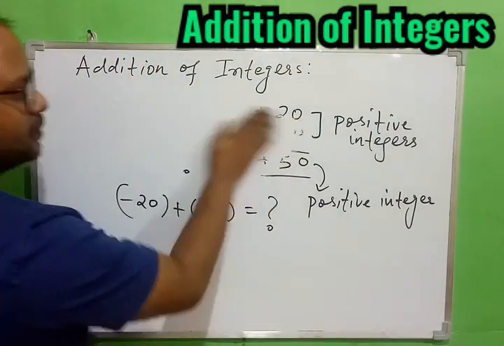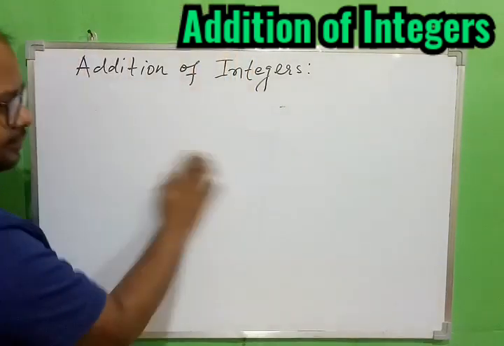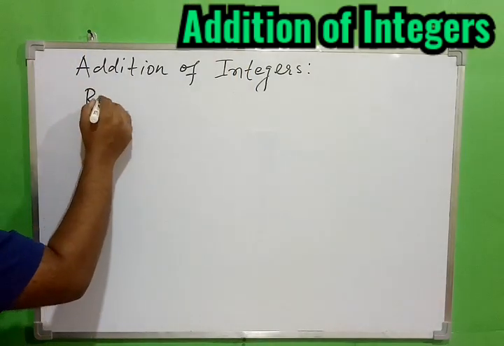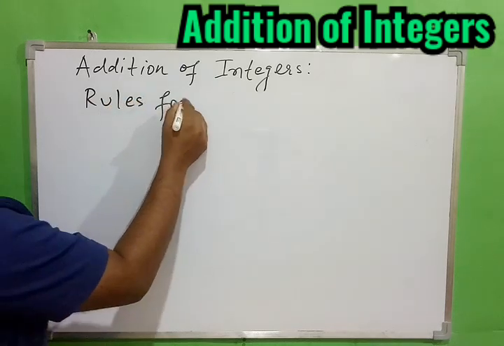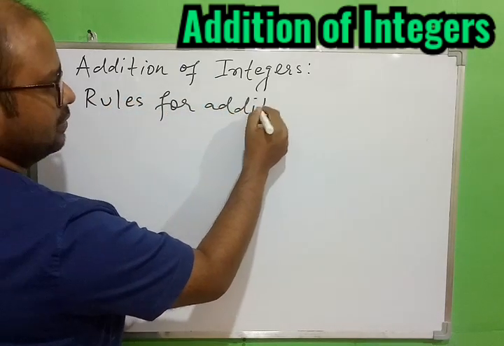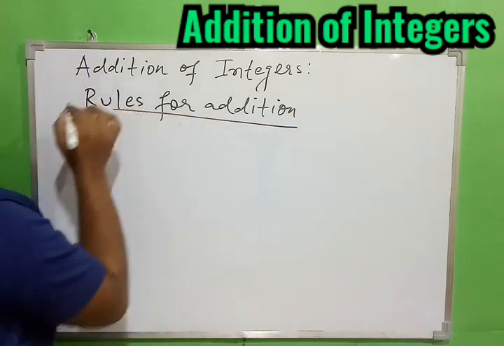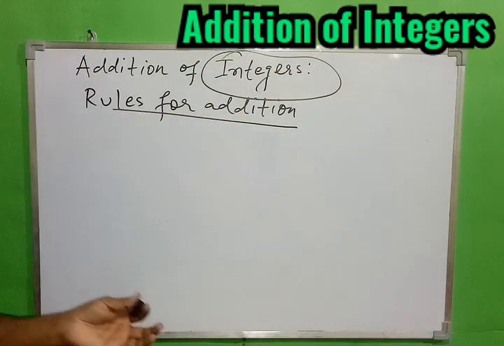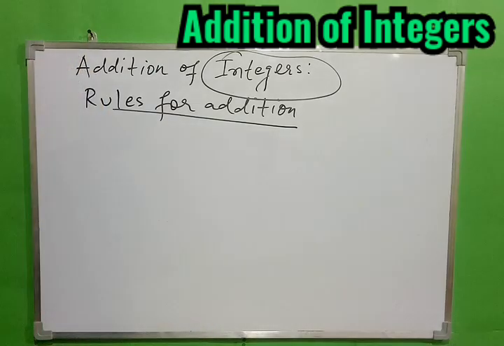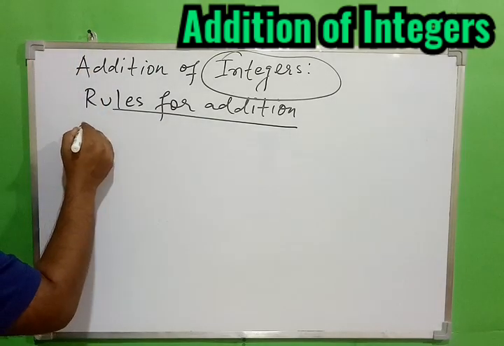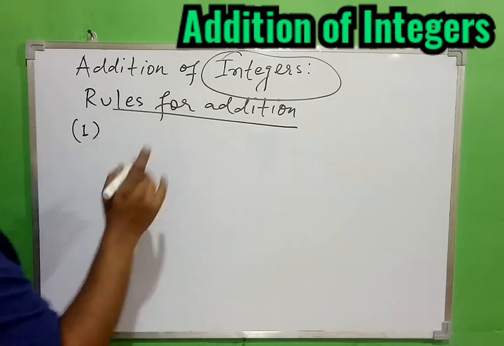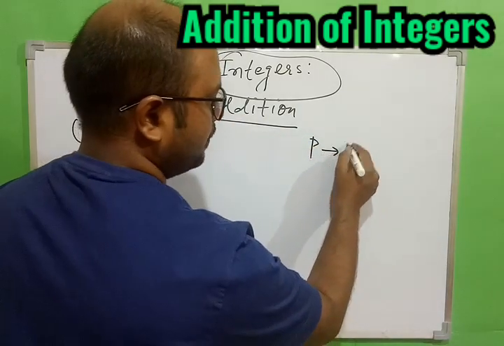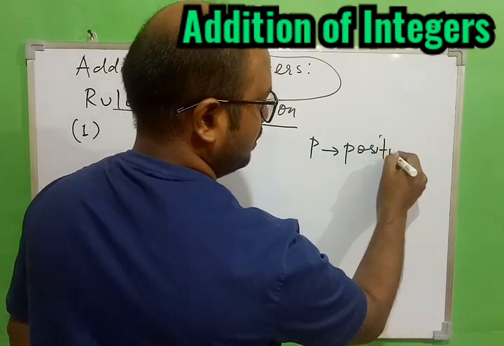So let's start now. For this we have a very simple rule. So we'll go directly to the rules for addition for integers. Now when you talk about integers, we'll take all the numbers, positive and negative, both are possible. So let me first tell you, if I write p somewhere, it basically means positive integer.